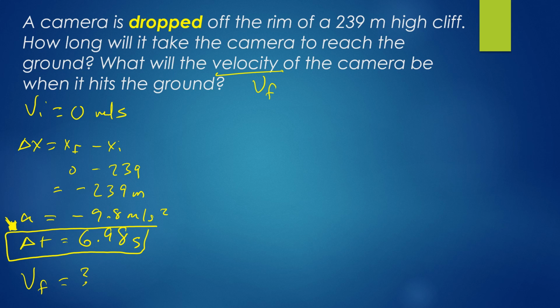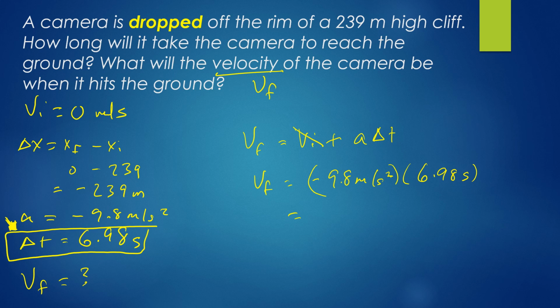But the equation we can use is actually final velocity equals initial velocity plus acceleration times change in time. Well, lucky for us again, this is going to be 0 because it's dropped off. Therefore, the initial velocity is 0. So VF equals a, so negative 9.8 meters per second squared, times my time.